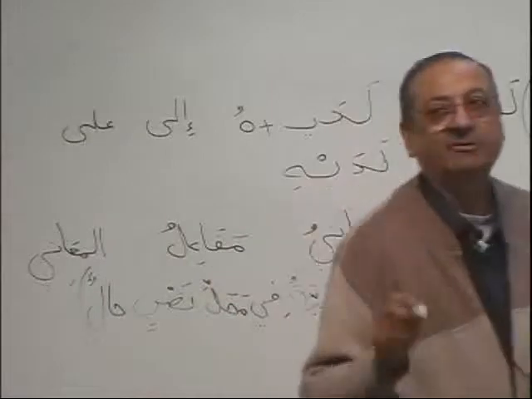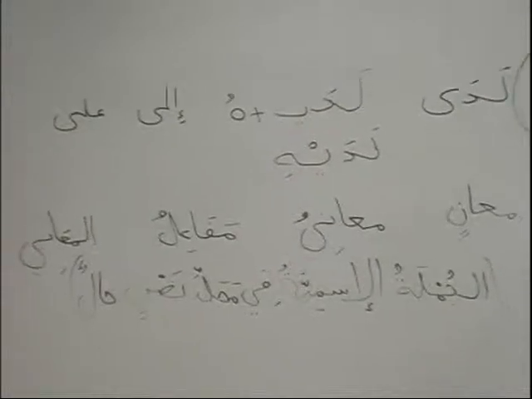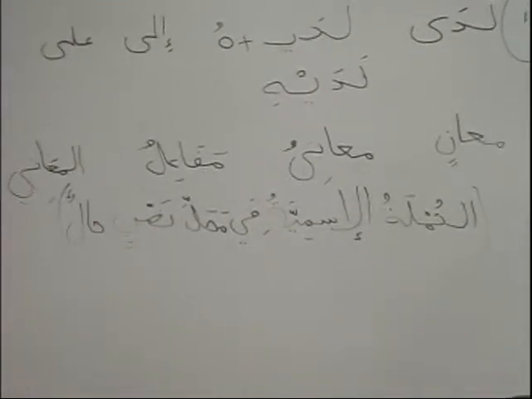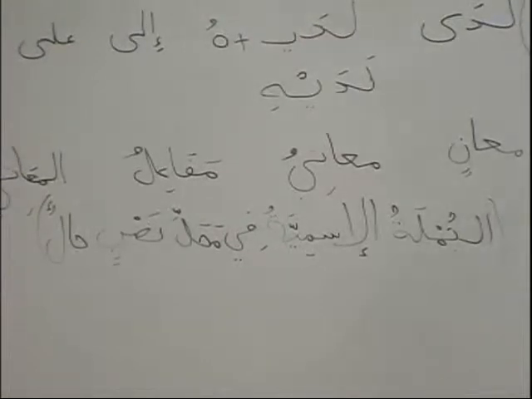Now remember, this is the first time you have come across this. And this is how you will describe it. Brothers and sisters, inshallah, very soon, you will be able to say all these things very fluently, without having to write anything. You will be able to say it, inshallah.